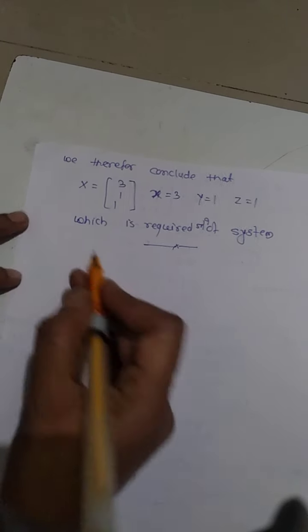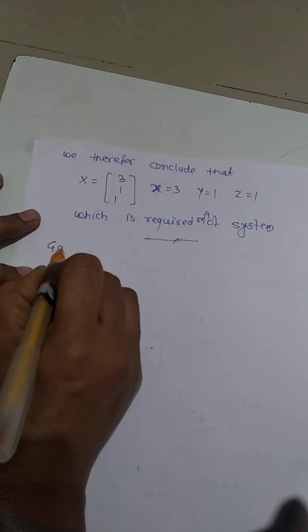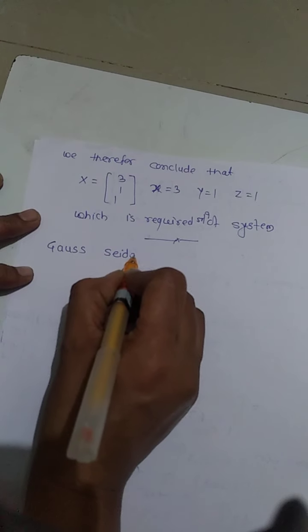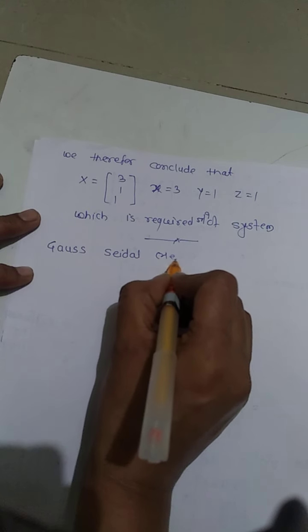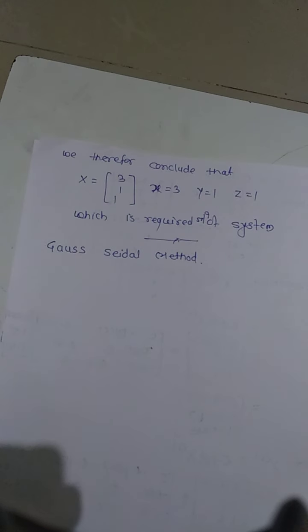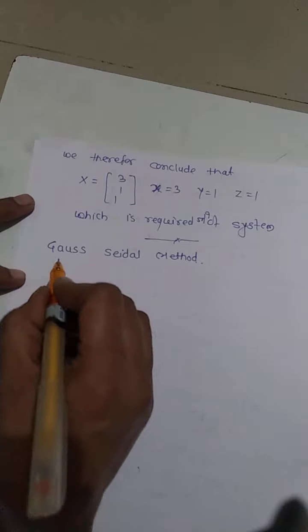Then the second method is the Gauss-Seidel method. In the Gauss-Seidel method, write the complete solution of the Jacobian method up to x n.